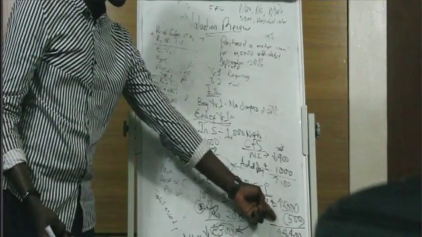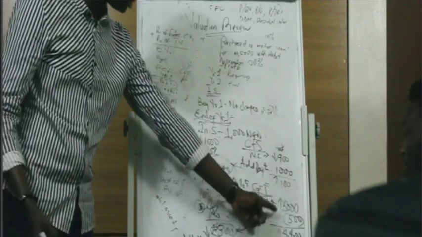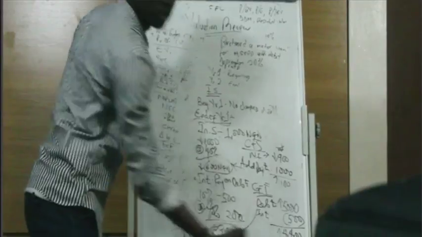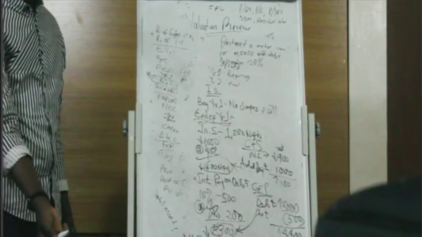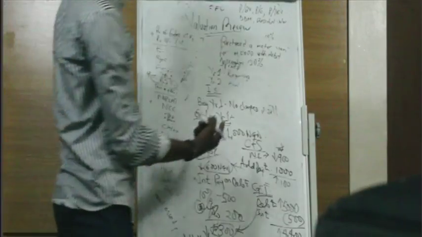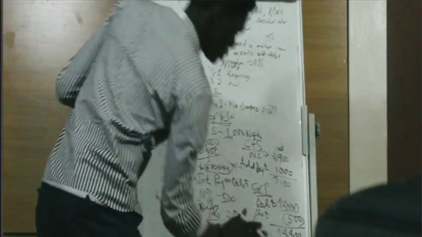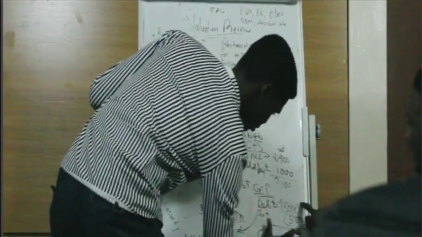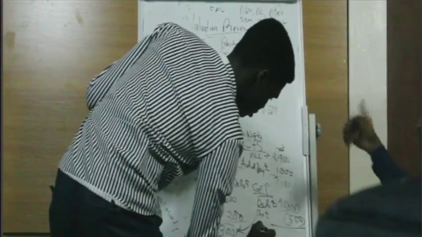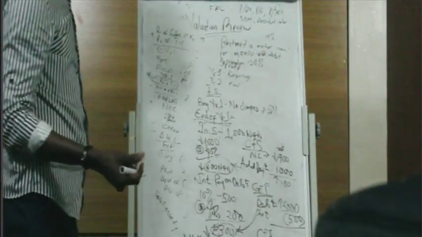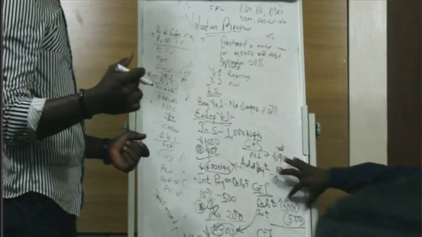What is happening with that? If you have added this 5,000, you want to add 5,000 in investment. Investors, yeah, that's what I'm saying. You invest it, but you go out.